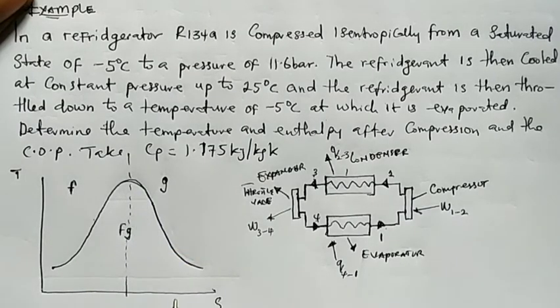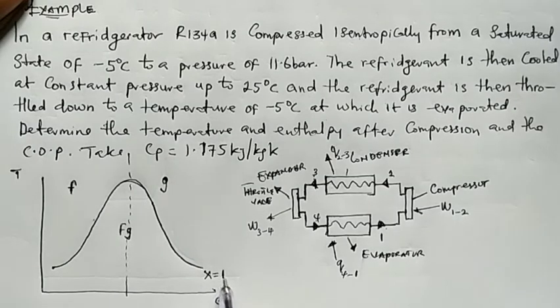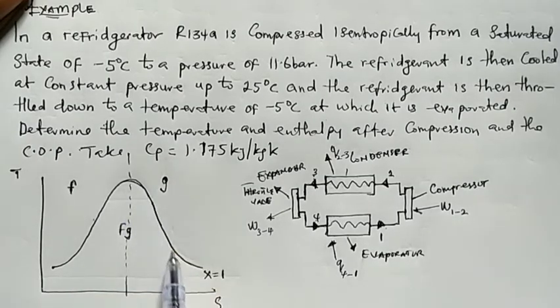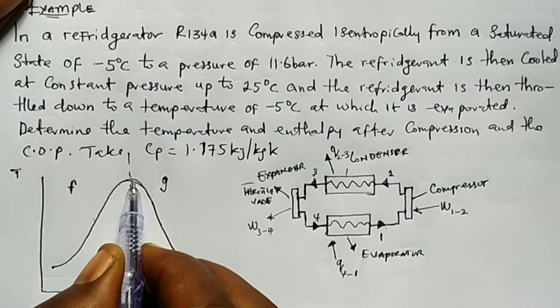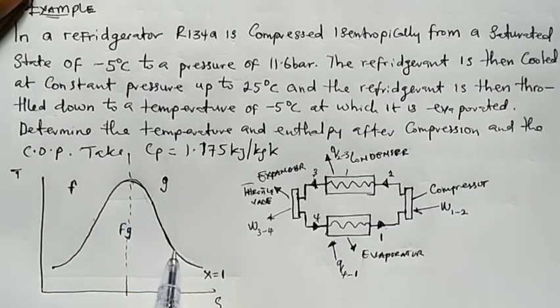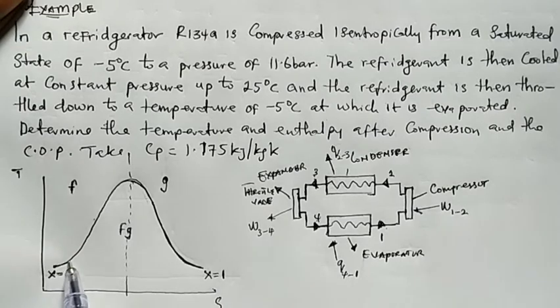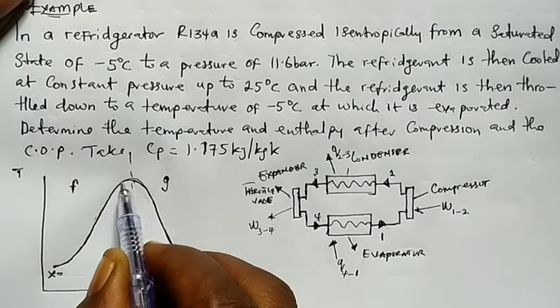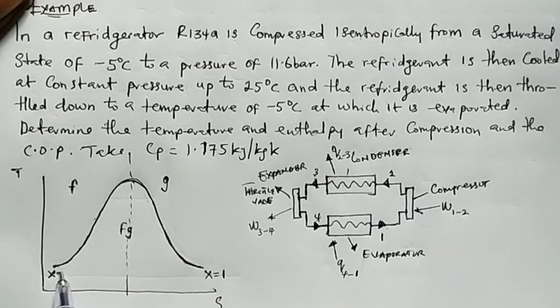Is that taken? Now, from this point here, our dryness fraction X is equal to 1. It means there is no liquid at this right part of it here. But at this line here, from here to here, my dryness fraction is equal to what? 0.